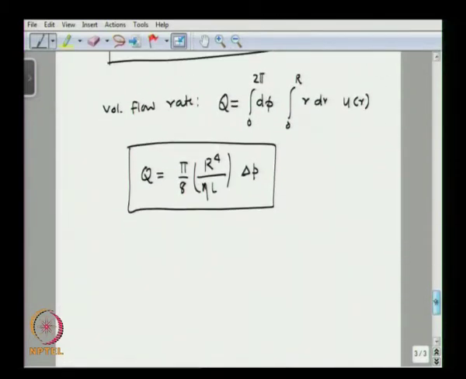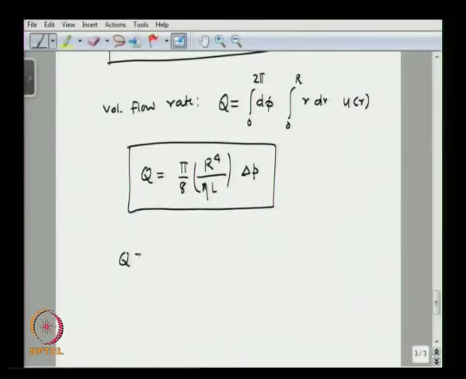Now, if we go back and see the general solution that we obtained yesterday for Poiseuille flow, for an arbitrary cross section, the expression we got was Q equal to 1 over gamma, delta P divided by 2 eta L, into A cubed over perimeter square.